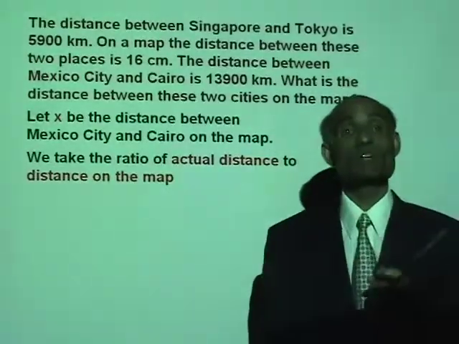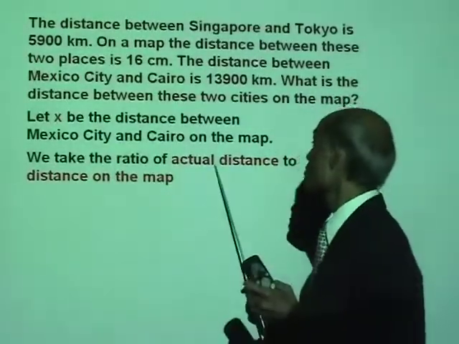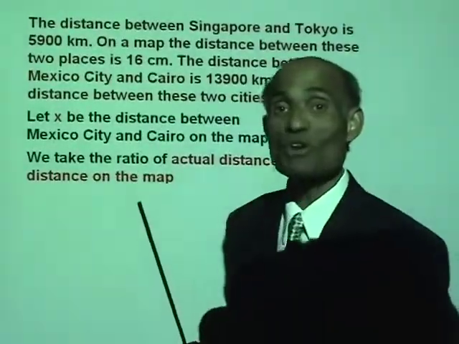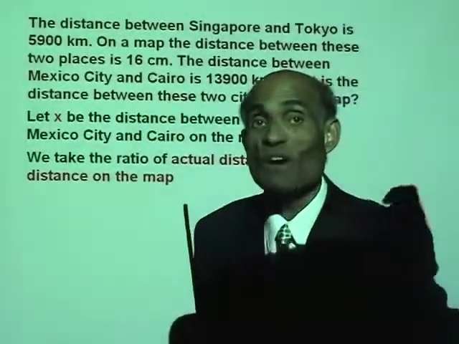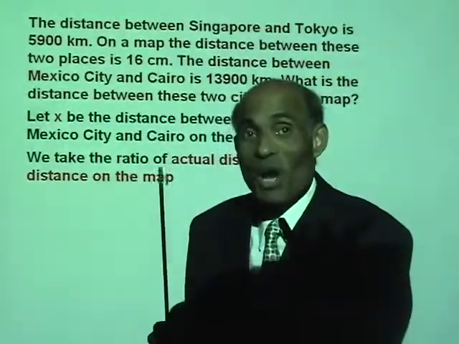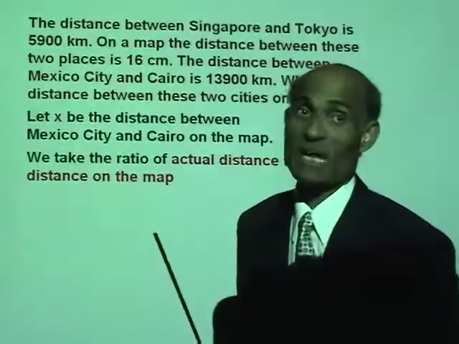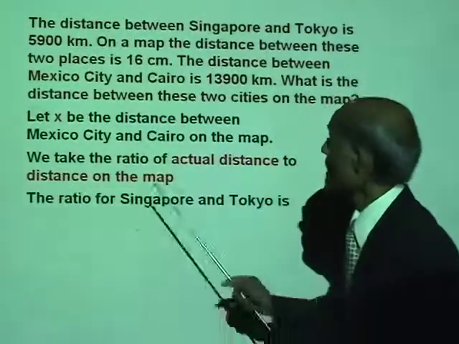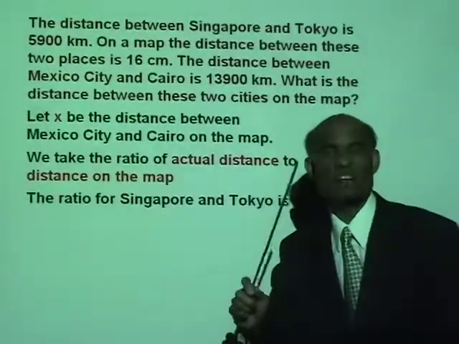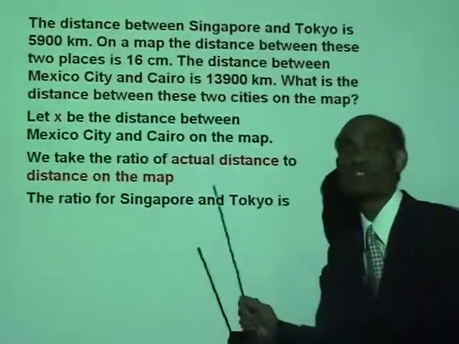Alright, now we take a ratio. What is the ratio we're going to take? Actual distance to the distance on the map. Tell me, the ratio for Singapore and Tokyo, what is that ratio for these two cities?